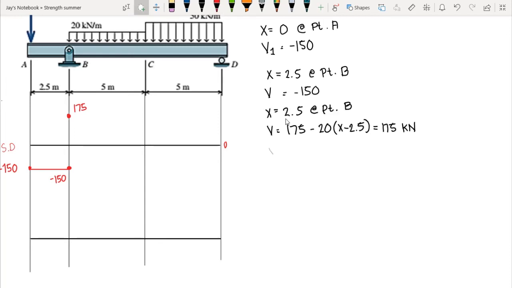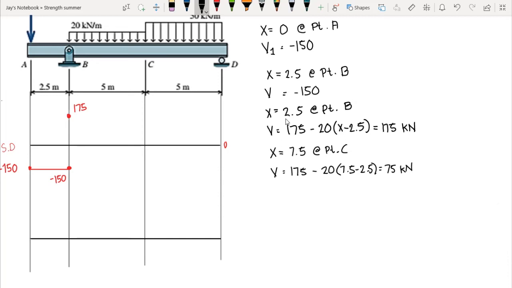At point C, we have x equal to 7.5, that is the distance from A. Now we will still be using this equation, that is 175 minus 20 times x minus 2.5. Then we would have 175 minus 20 times 7.5 minus 2.5. This will give us 75 kilonewton.